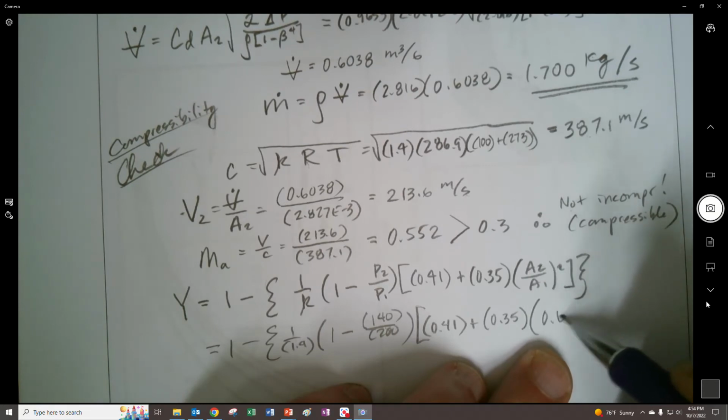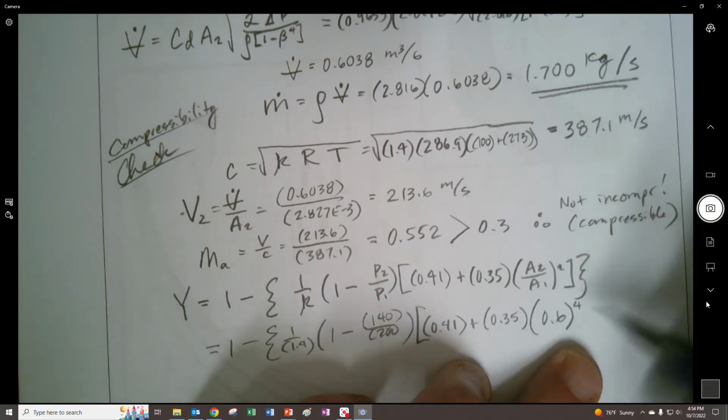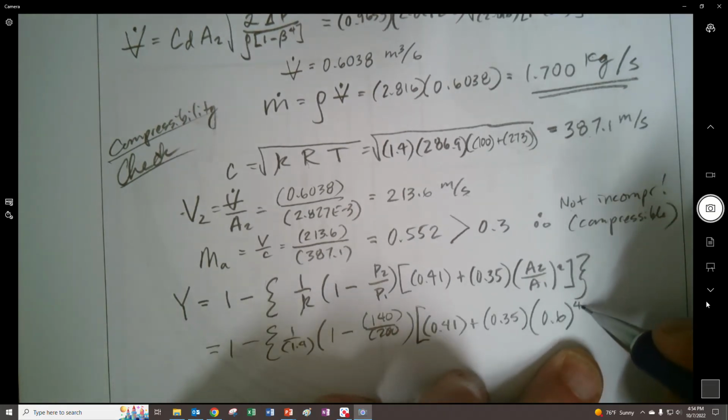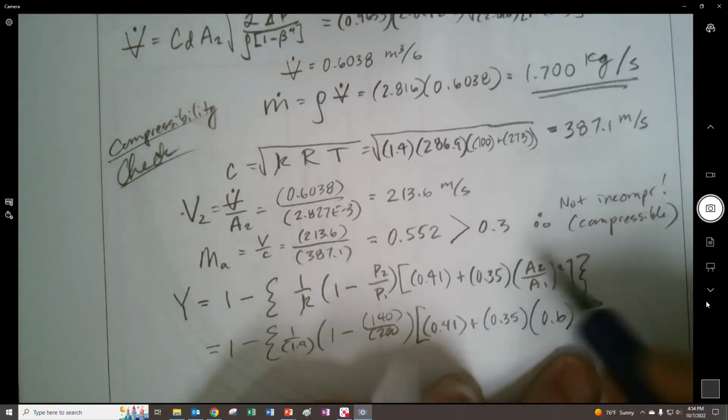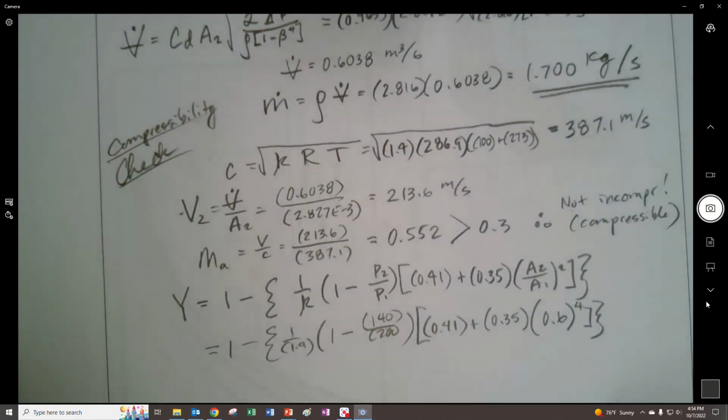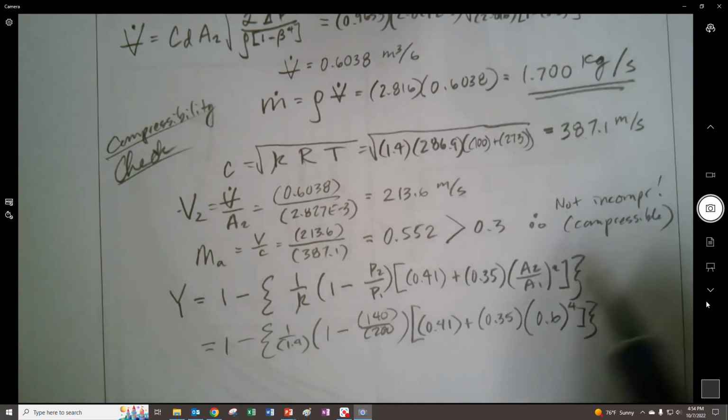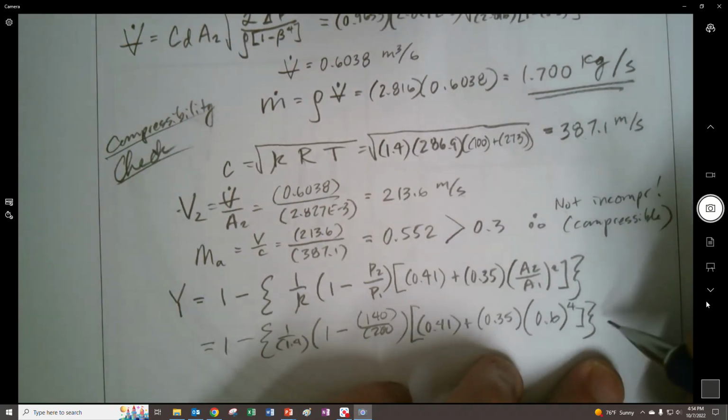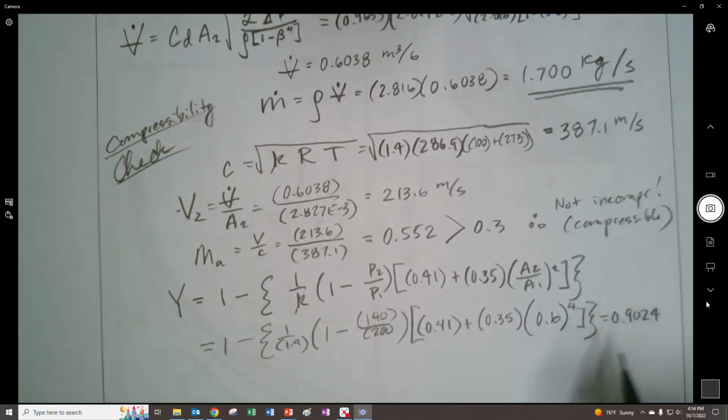We could also use the ratio of the betas, but now it would be fourthed, right? Because the beta is a ratio of diameters, therefore the ratio of areas is squared, and then we squared it, so it'd be fourthed. I guess so. I think so. But anyway, we get 0.9024 for right here.